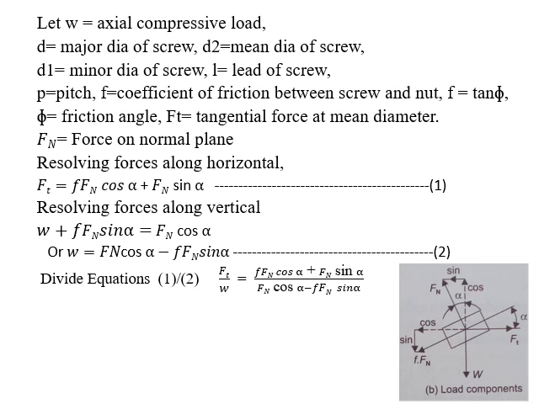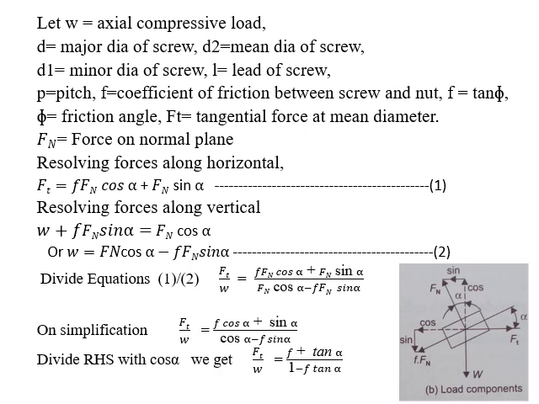Dividing equation 1 by 2, we get Ft by W is equal to f into Fn cos alpha plus Fn sin alpha divided by Fn cos alpha minus f into Fn sin alpha. On simplification, you get Ft by W is equal to f cos alpha plus sin alpha divided by cos alpha minus f sin alpha.